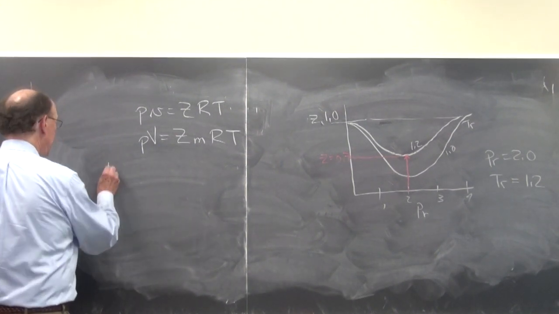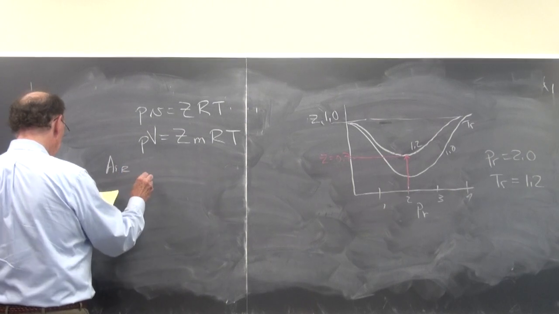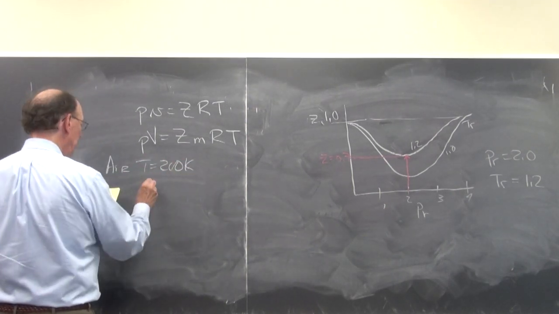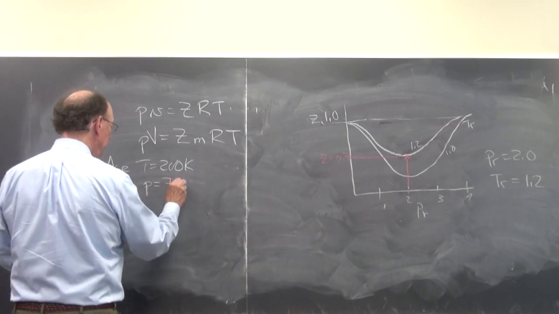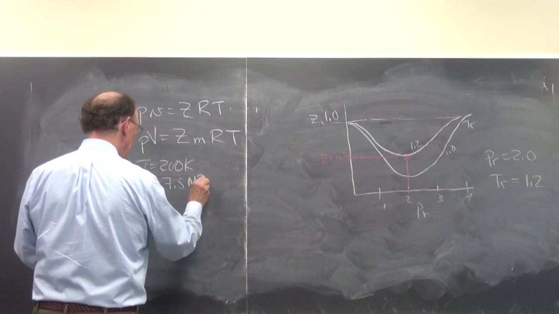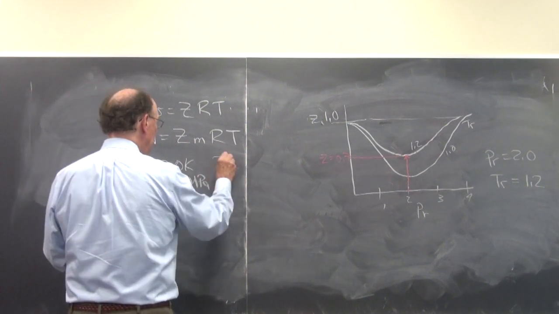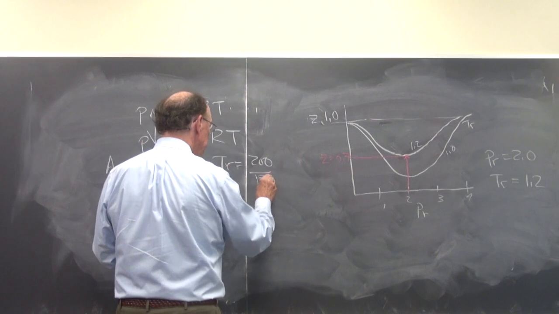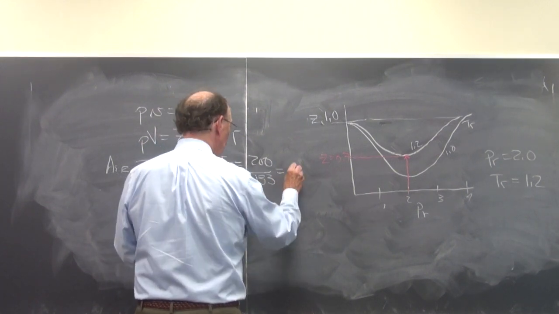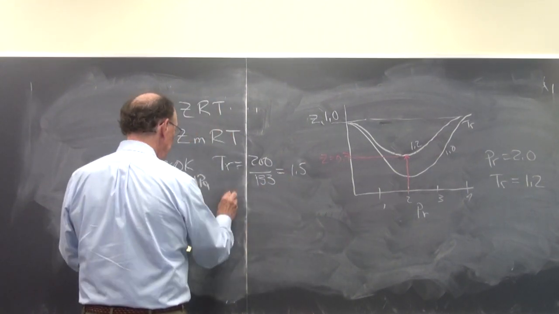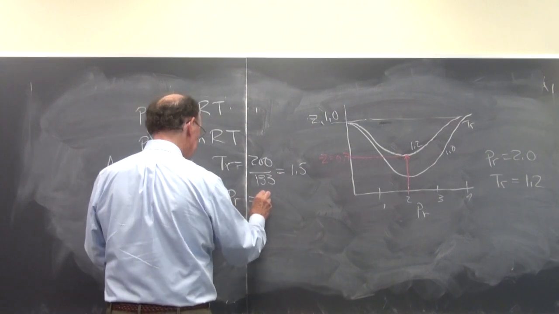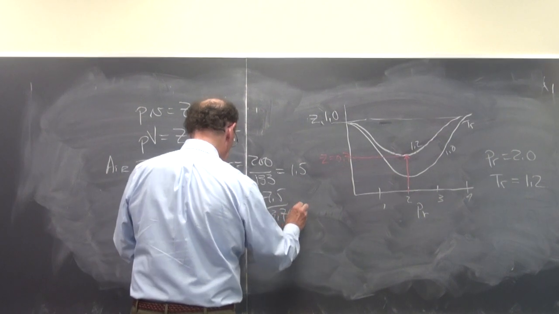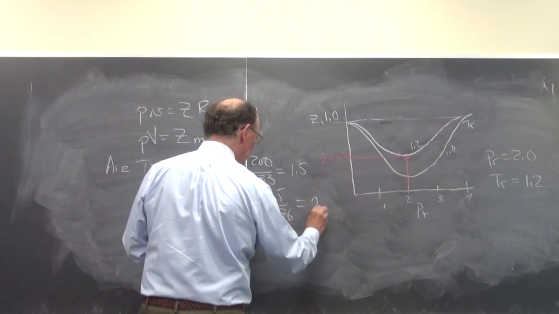So let's look at air, and we have T is equal to 200 K, so it's cold. P is equal to 7.5 MPa. T sub R is equal to 200 over 133, which is T sub C, and that's equal to 1.5. And P sub R is equal to 7.5 divided by 3.76, which is about equal to 2.